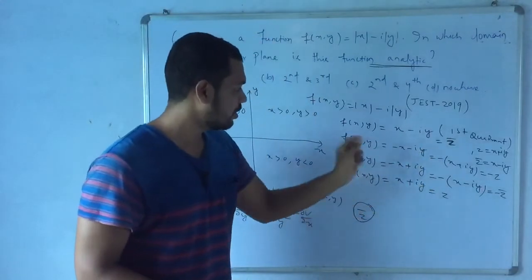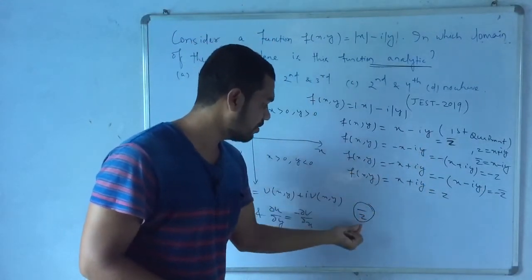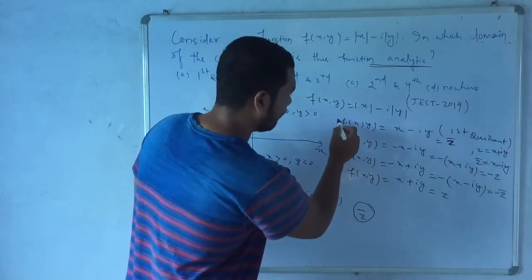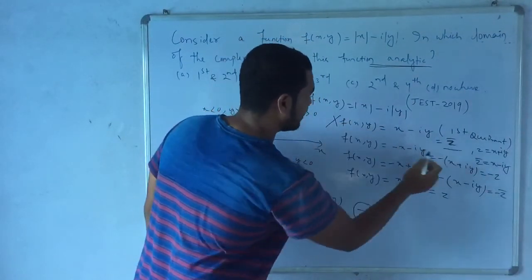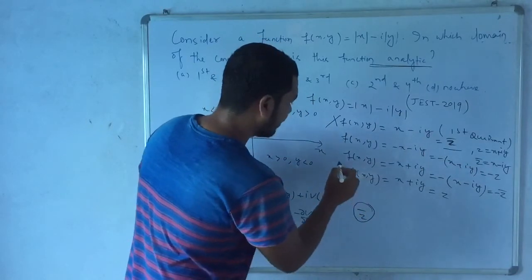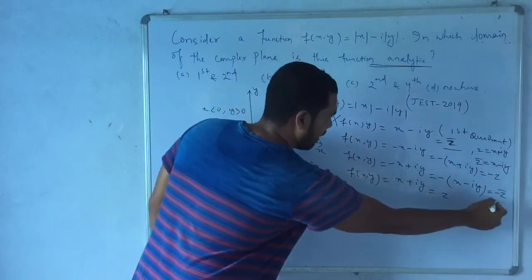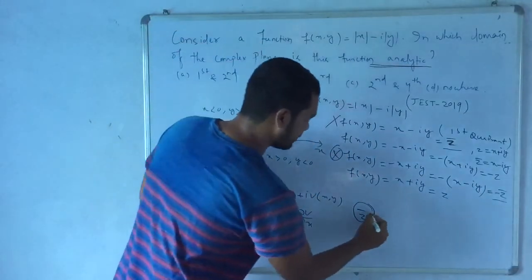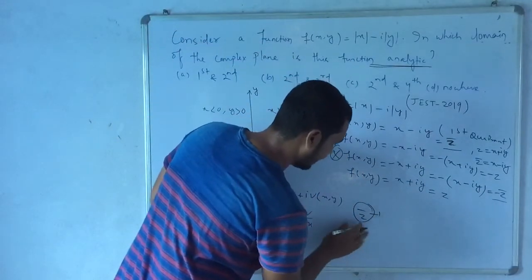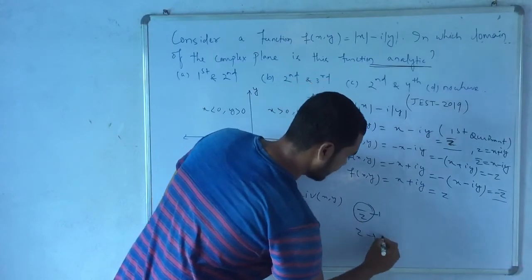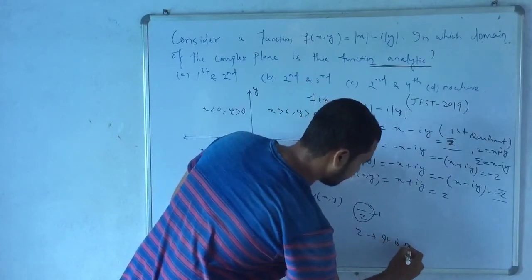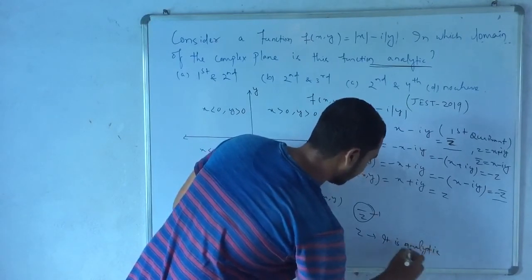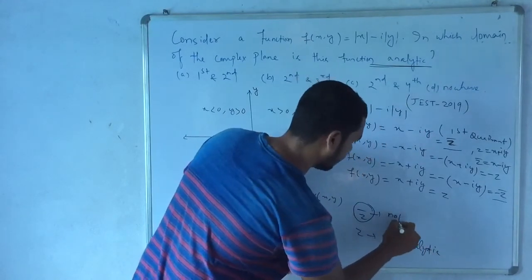So we can eliminate f(x,y) equal to z bar, which is not analytic, and minus z bar, which is not analytic. Another rule is that if the function contains only z, then it is analytic, and a function containing z bar will not be analytic.